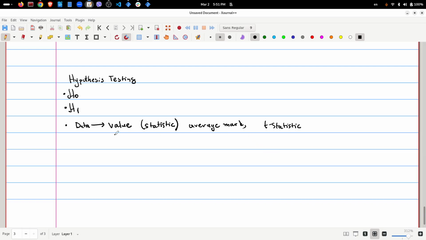In some cases, the data itself is one observation, and in this case, this observation is actually the value that we use. So let's say that we have a value x in general, a variable x that measures something from the data. So x is a function of the data.